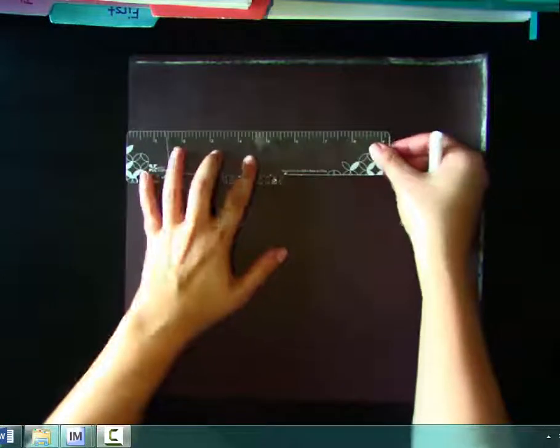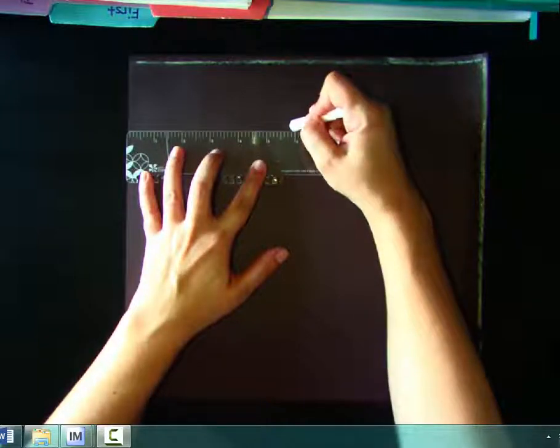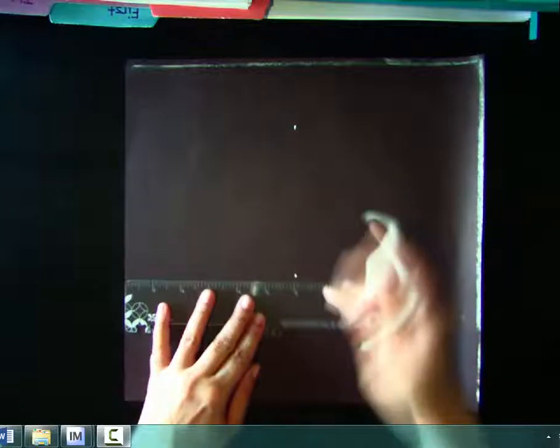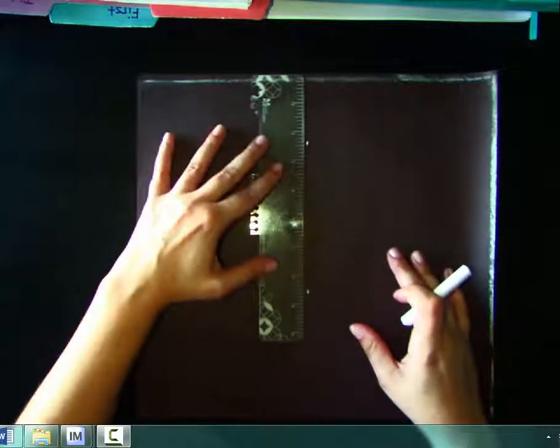Okay? And it says the second tile was 1/2 foot by 1/2 foot. Now, I know that 1 foot is 12 inches, so 1/2 foot is going to be 6 inches, right? It's going to be half of that. So I'm just going to show you real quick. Okay, so I'm going to cut this in half this way.